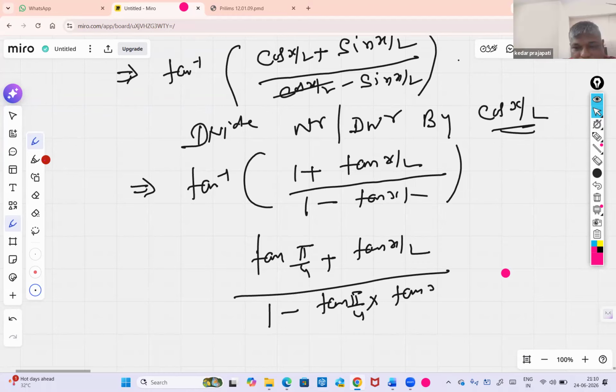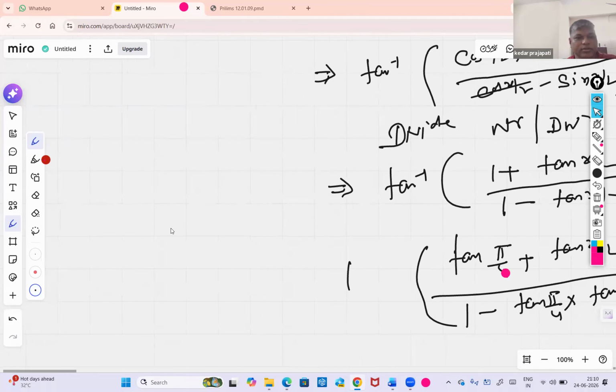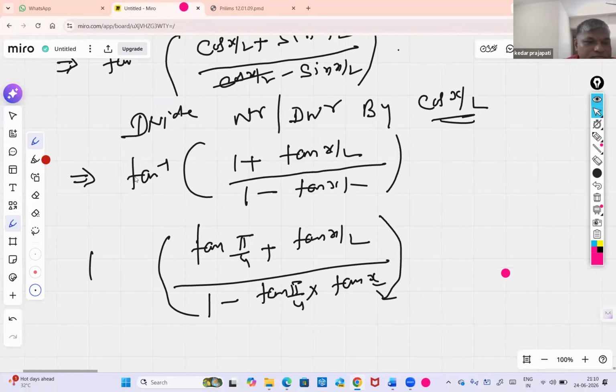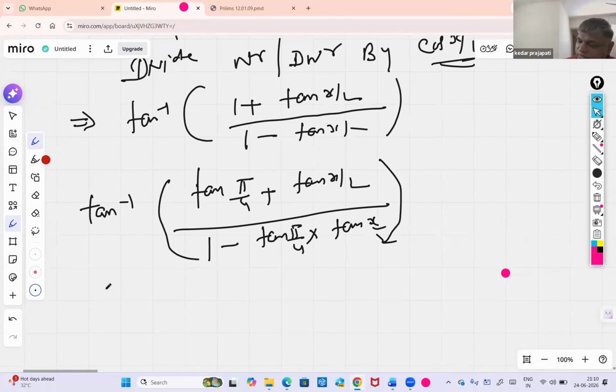So this question has all the formulas involved. This is a very good question. Now, what is this? This is tan of (pi by 4 plus x by 2), correct?